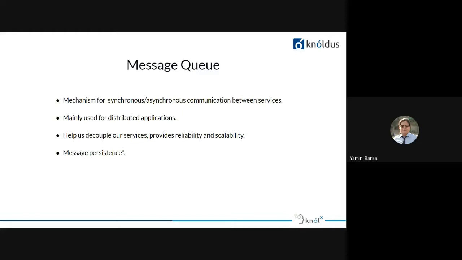So to take care of these issues, we employ message queue. There could be many other options for these kind of issues, maybe circuit breaker, retries, etc. But I'm going to talk about message queue.